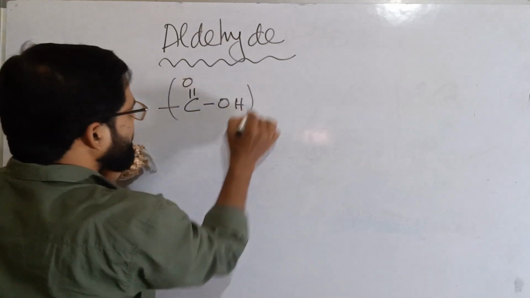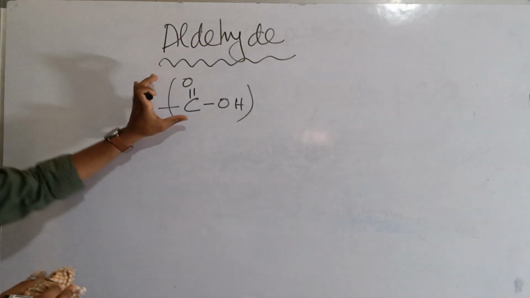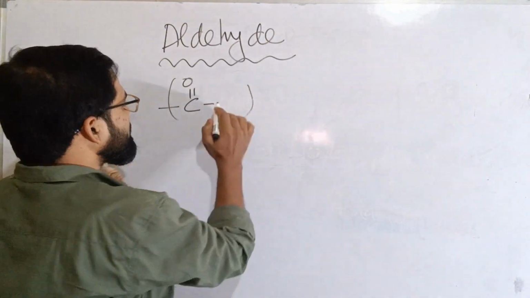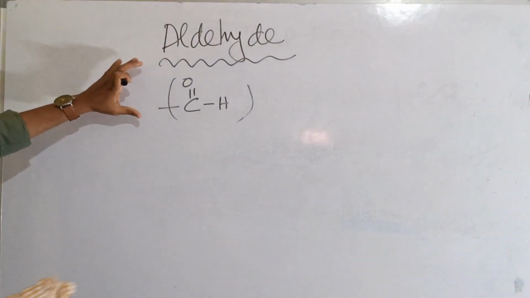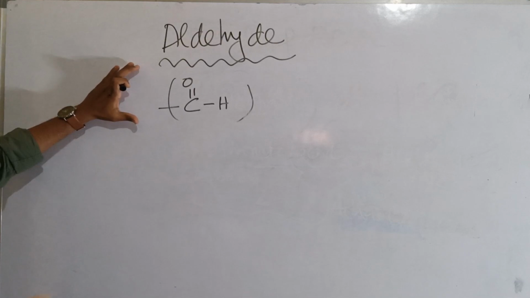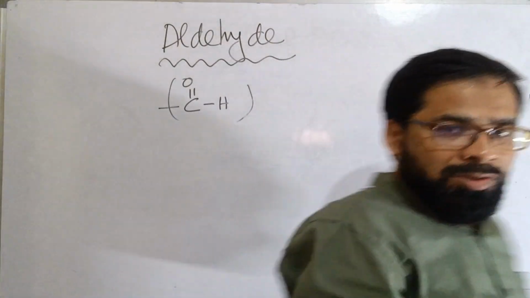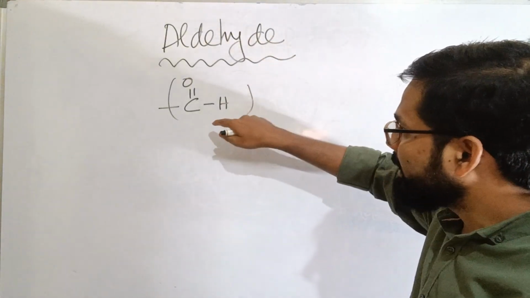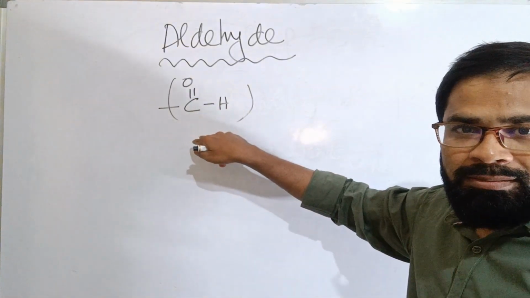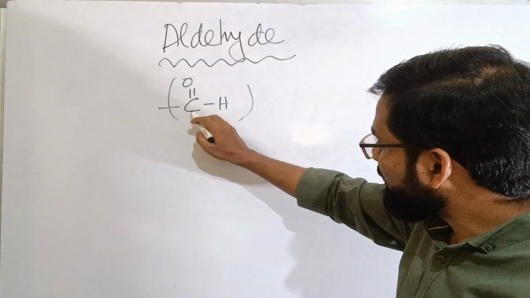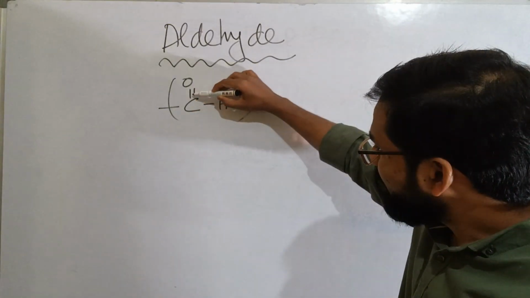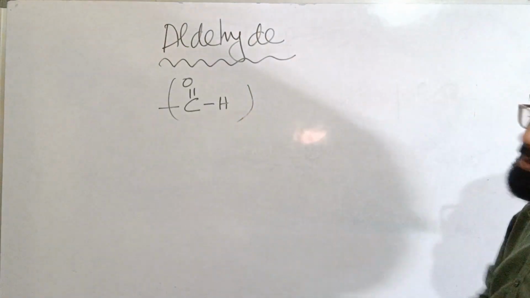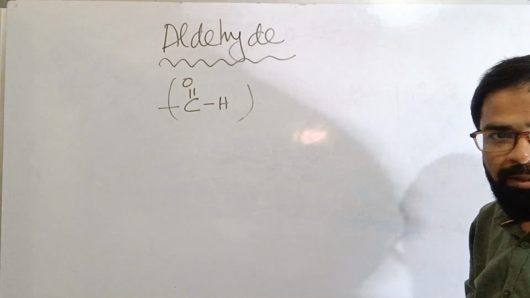This portion was the functional group of carboxylic acid. Instead of OH, if you put only hydrogen, that will be the aldehyde. So here also, the aldehyde functional group will always be in the terminal position, because this carbon is already bonded with 3, 1 to 3. So that's why this aldehyde functional group is always in the terminal position.